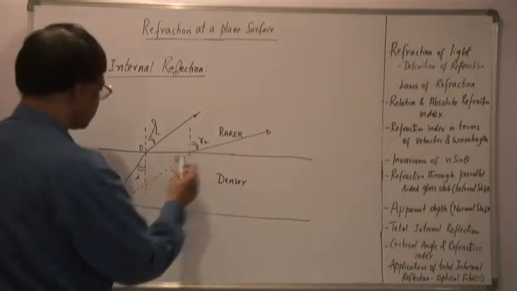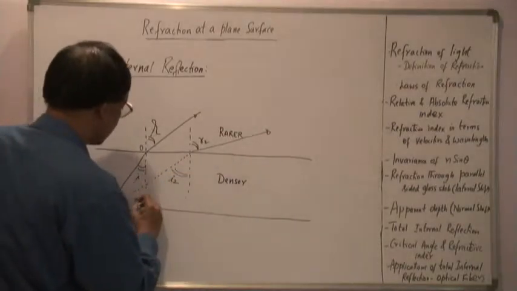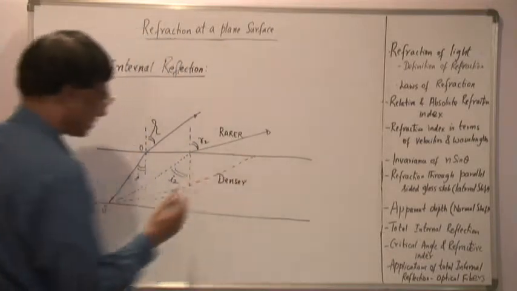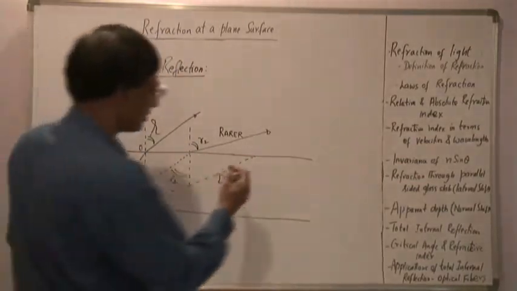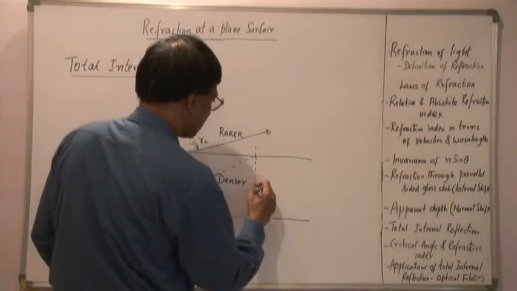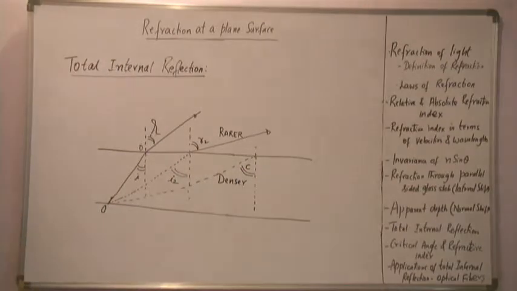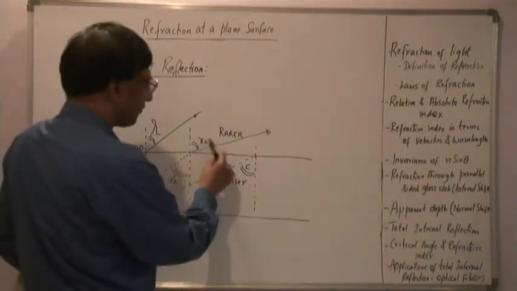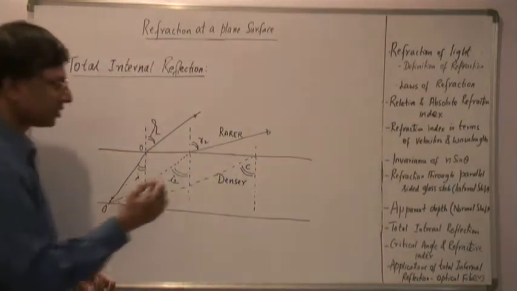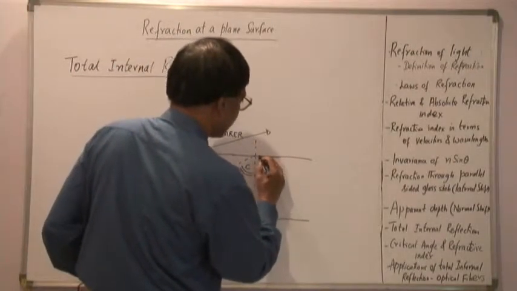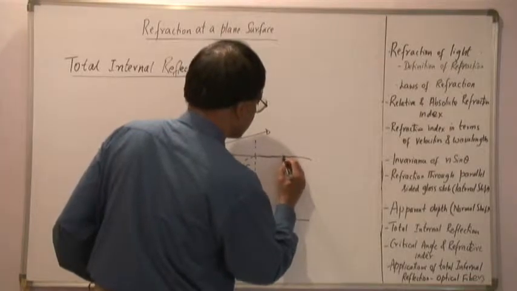So let me extend this much further, and then let me take one more ray of light which is meeting this layer at an angle of C. Let me call it C. Now in this case, the angle of refraction is such that this refracted light will just graze through this.